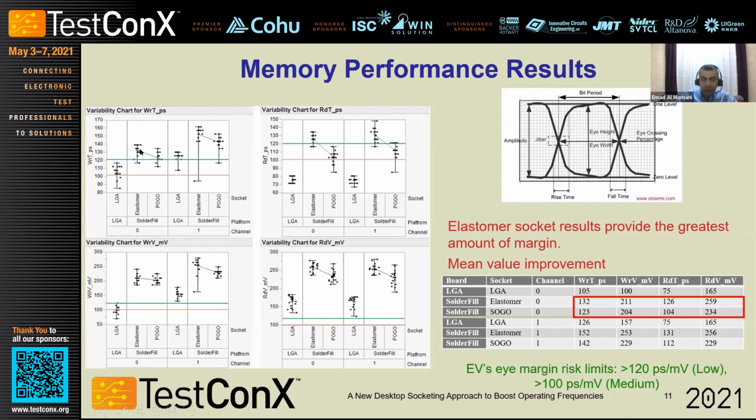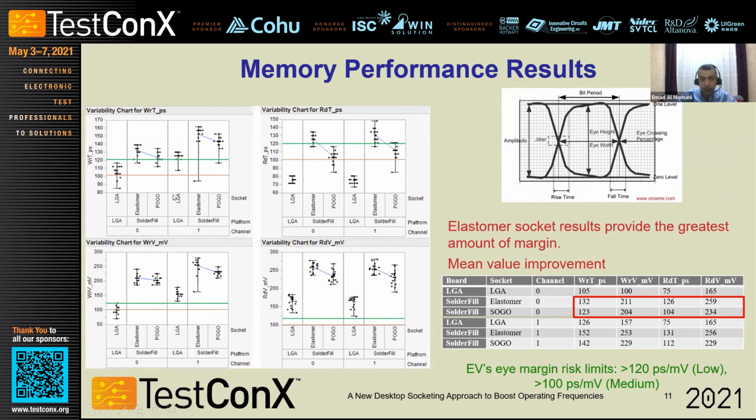Overall, I would say the standard deviation or the scatter of this data is acceptable. For some reason we are seeing one or a few points getting much lower on the elastomer side. I don't know the exact reason that caused that, but overall things are in much better shape than what we have seen on the LGA socket, which is the baseline shown here.